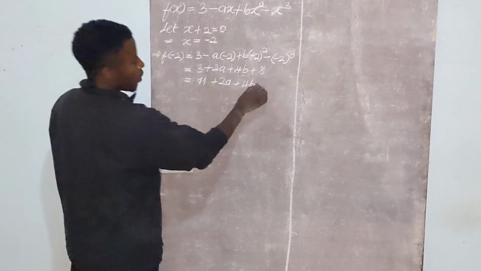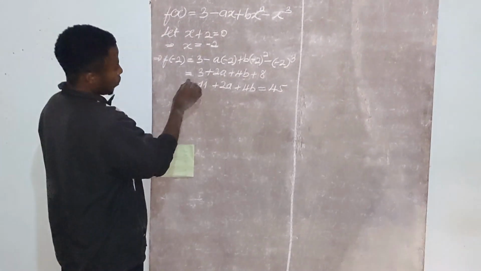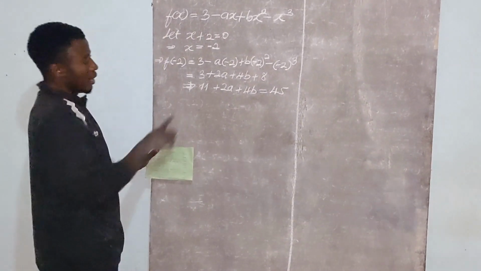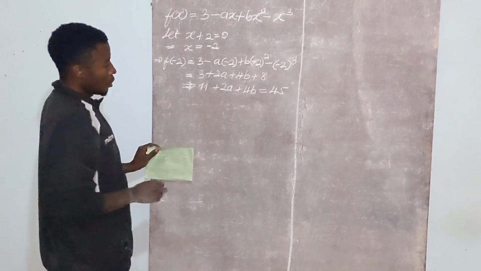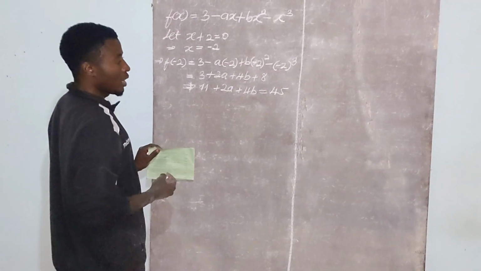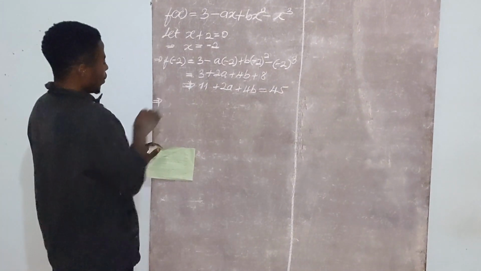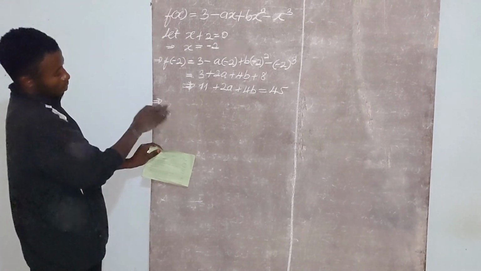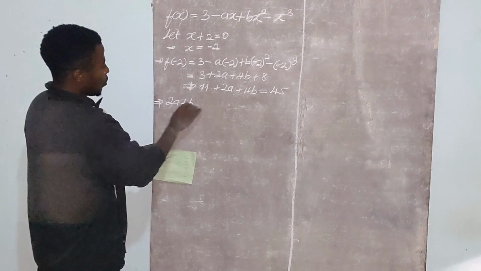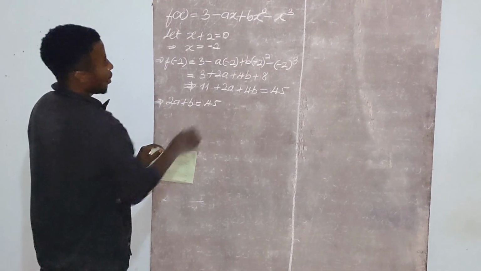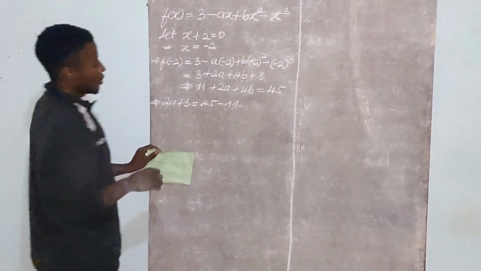Everything here is to be equated to 45, because that is the remainder. So here should be an implication sign. This implies that 11 plus 2a plus 4b is equal to 45. Now we want to bring like terms together. I will carry this 11 across the equality sign with minus 11.